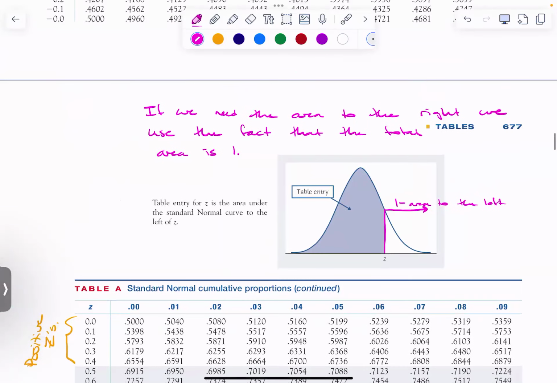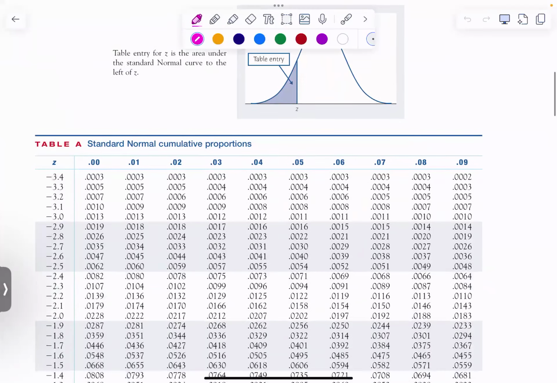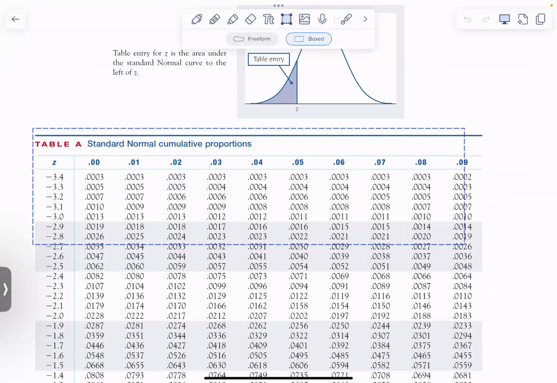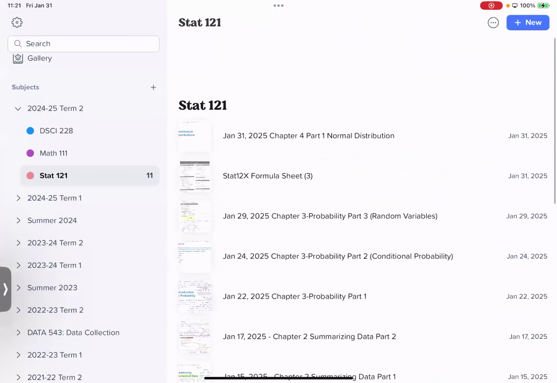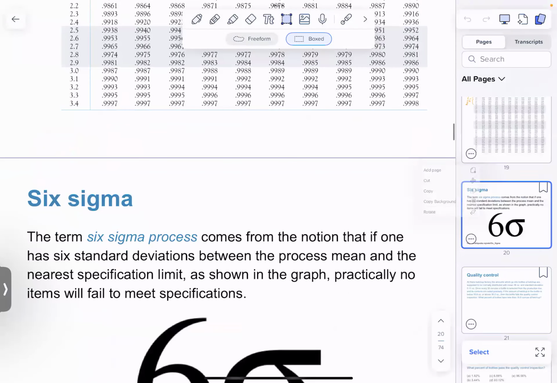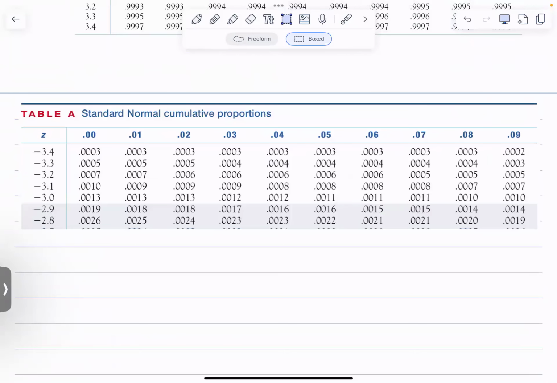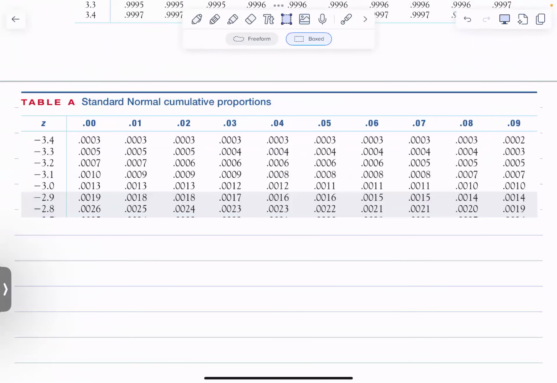So if we go back up to the negative side, maybe I'll grab a fresh copy that I haven't marked up. If we focus on this part of the negative table, it's just a continuation, right?